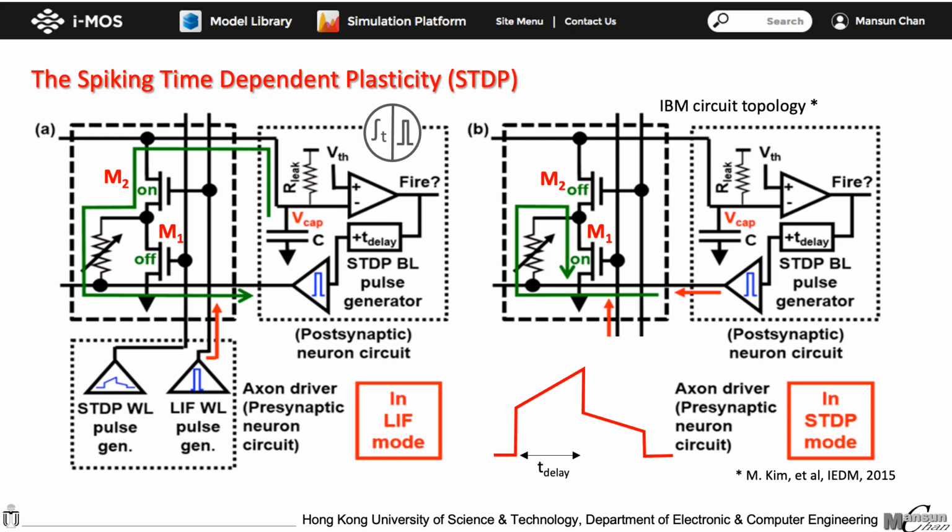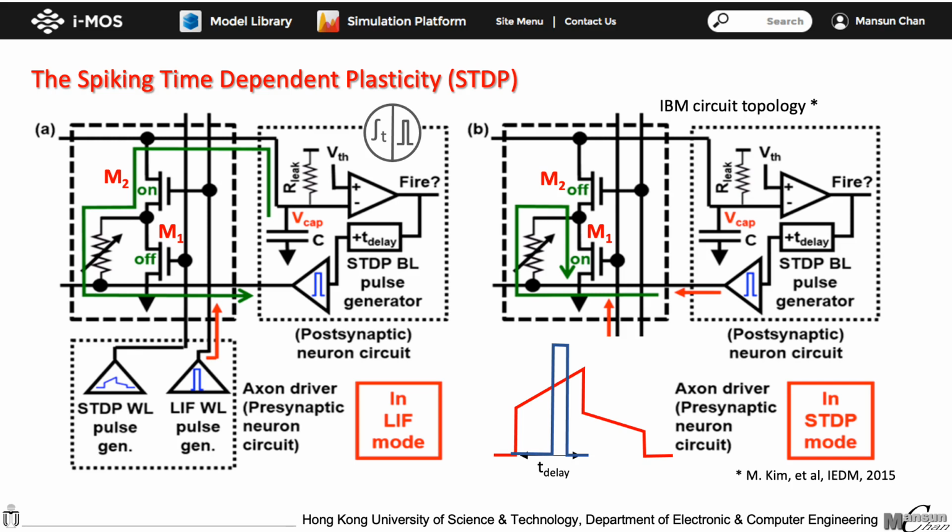If the return pulse comes earlier than T delay, this pulse is fired before the input. This is the acausal case. With the timing of the STDP pulse, M1 is strongly turned on, and a high voltage will appear across the PCM cell. This causes a reset operation to increase the resistance of the PCM cell.